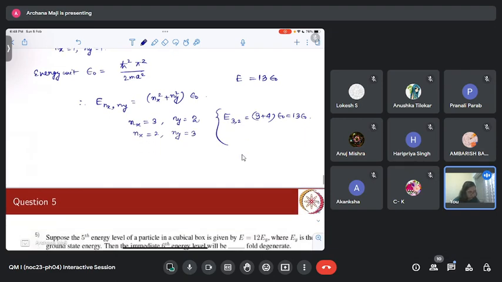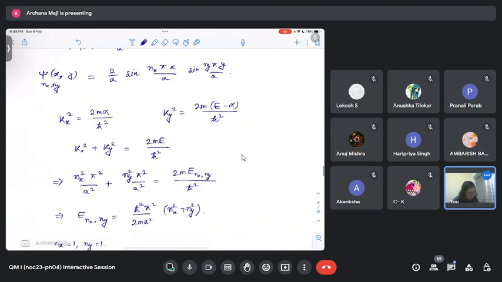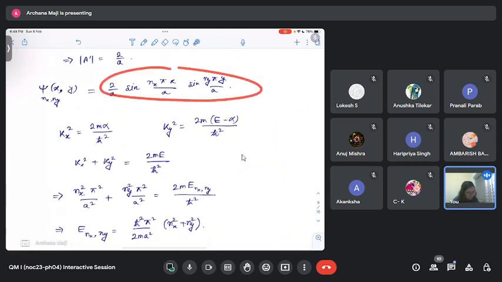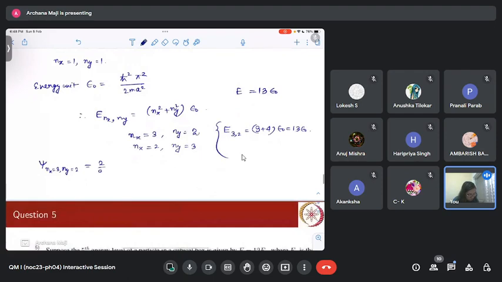So what does that mean? Your wave function will be different for both the cases. When nx is 3 and ny is 2, the wave function will be 2 over a sine 3 pi x over a sine 2 pi y over a.